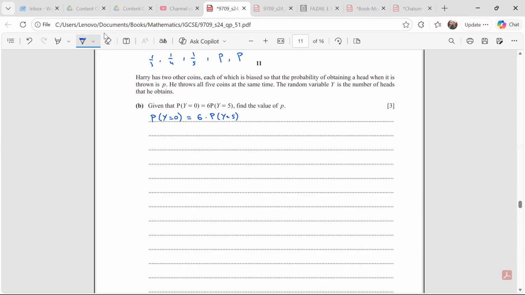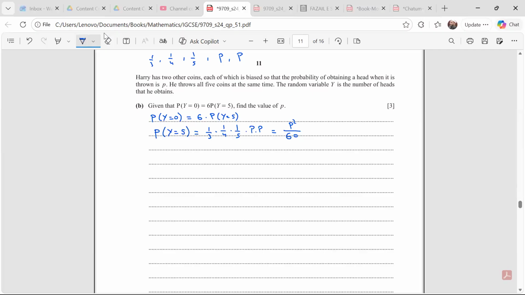First of all, let's find the probability that y is equal to 5, meaning all 5 heads are shown. Okay, this is easy, I guess. So 1 by 3 times 1 by 4 times 1 by 5 times p times p. Am I right? So this is going to be p square over 60. So this is the probability that all five coins show head.